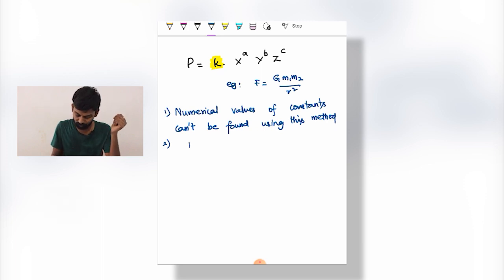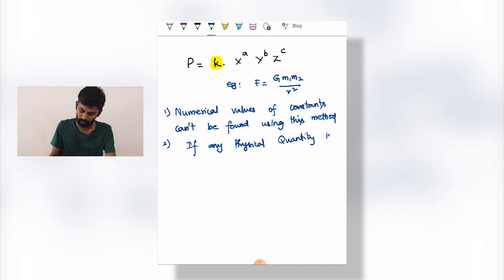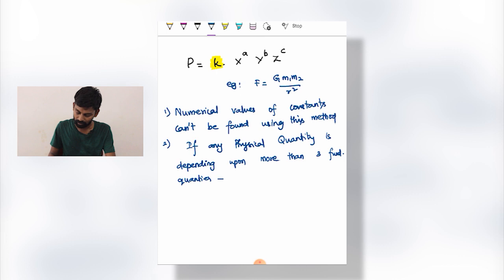So if any physical quantity is depending upon more than 3 quantities or more than 3 fundamental quantities, I am writing fundamental quantities, it may not be possible always.